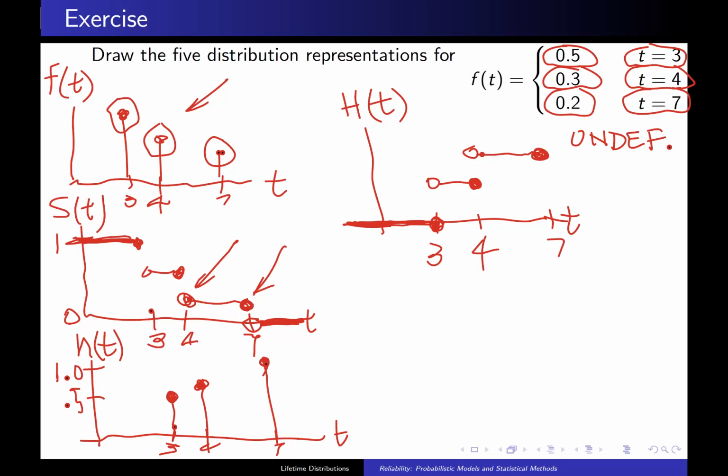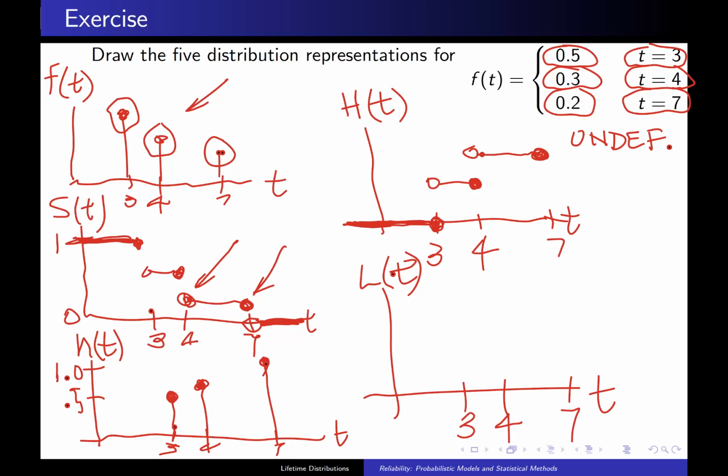Finally, the last of the functions is the mean residual life function. And L of t, if you go ahead and include 3, 4, and 7, L of 0 is the expected value of the random variable. So in this case, to find that expected value, you can just take 0.5 multiplied by 3 plus 0.3 multiplied by 4 plus 0.2 multiplied by 7, and that works out to 4.1.